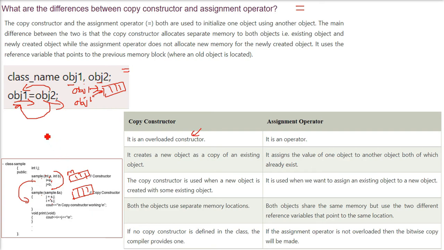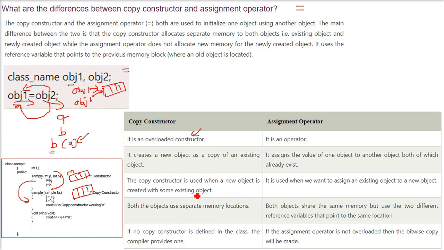You can also say it like this. Now let me show you another way. This is A and B, they are both objects. So B(A), this is also a way you can do it. So you are putting the value of an object into a new object, which is B. This is the copy constructor. See, the copy constructor is used when a new object is created from some existing object.